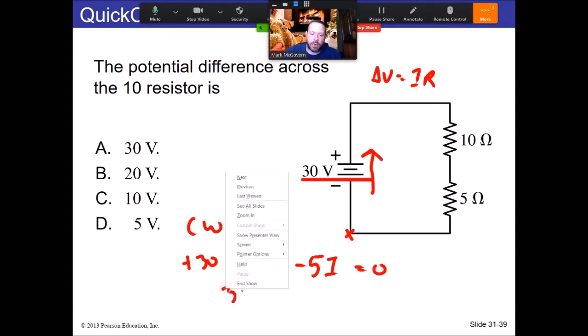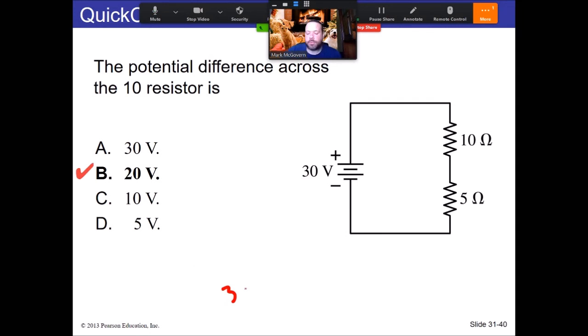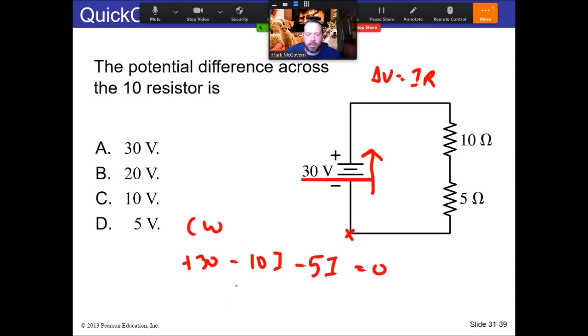Now, the current here is 2 amps. Positive, got the direction right, and then you go back and you realize that the 10I and the 5I represent your potential drops. So that means this is 20 and this is 10.